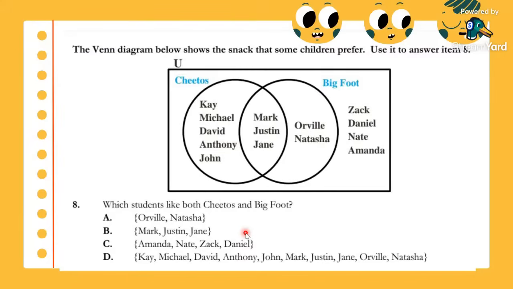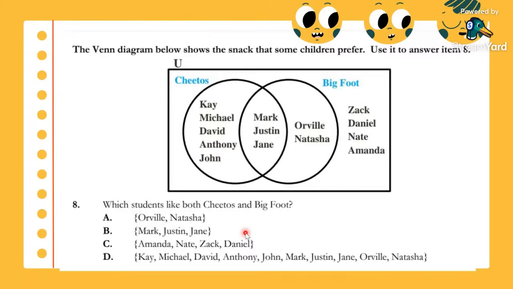What is the intersection? What does that mean? Shamel says the intersection means that they like both chips. When we have a Venn diagram, what is the intersection? KK says, the question says, which students like both Cheetos and Bigfoot? So you should look at the intersection.